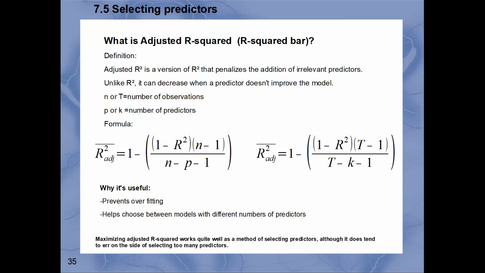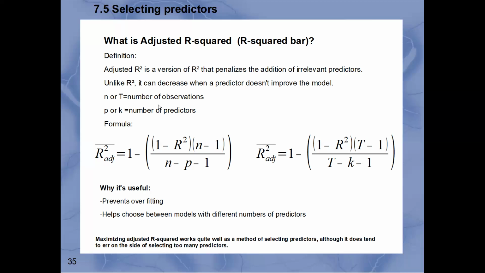So you'll build your model looking at all these predictors, but the more predictors you put in, the better the model is going to fit. But it doesn't mean that these predictors are actually helping out. It doesn't mean that they will help you predict the future. So unlike R squared, adjusted R squared decreases when a predictor doesn't improve the model.